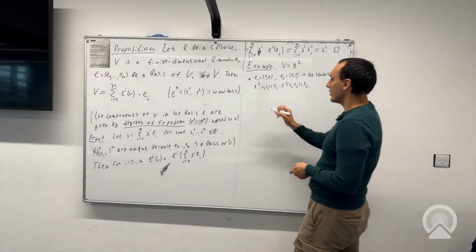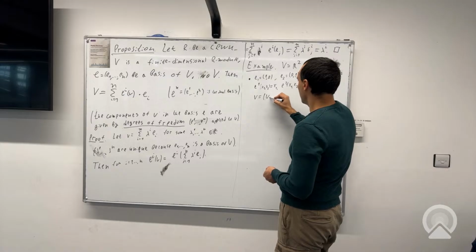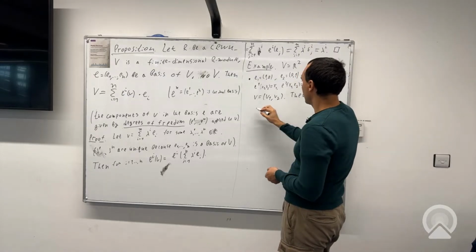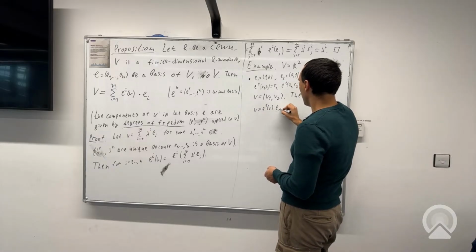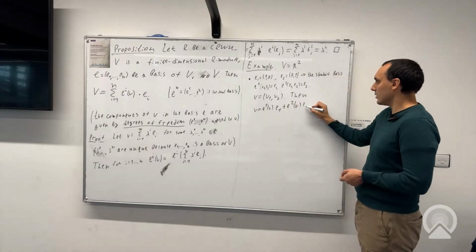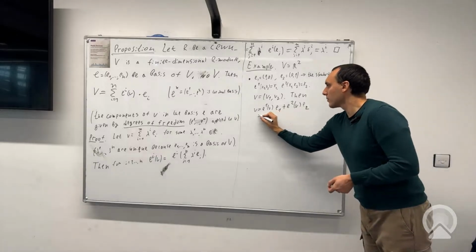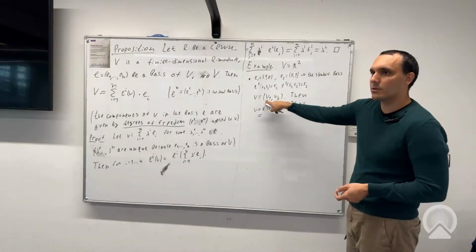If we take v equals (v1, v2), then E^1(v) times E_1 plus E^2(v) times E_2. This thing here is the first coordinate.